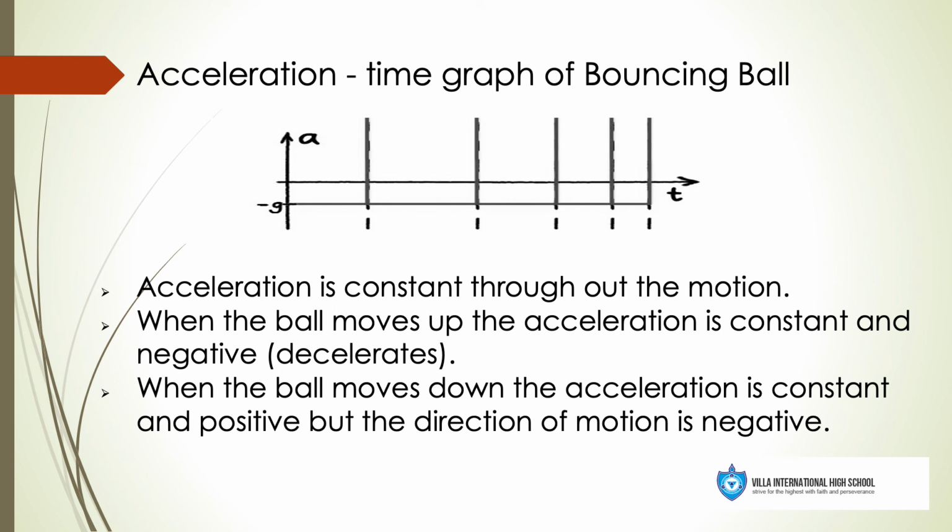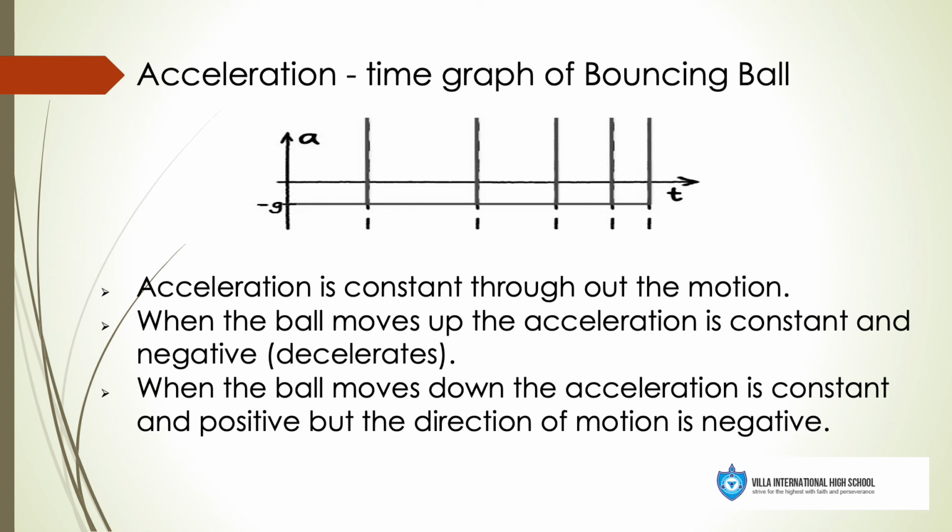Then why did we draw everything on the negative side? When the ball moves up, the acceleration is constant and negative, which means it's deceleration, right? Once again, when the ball moves up, the acceleration is constant and negative because it decelerates.